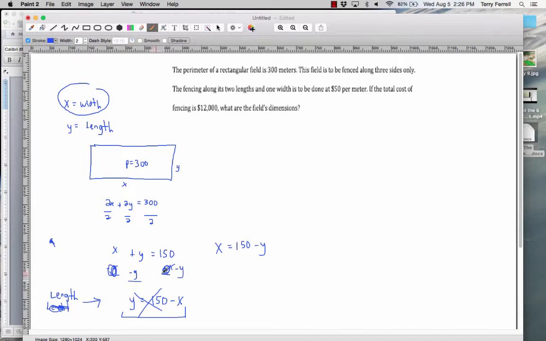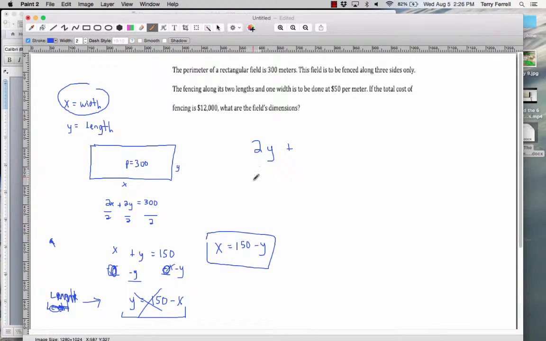All right, so it says the fencing along its 2 lengths. Well, my length is y, and my width is x. So watch this, 2 lengths. 1 length is y, right? So 2 lengths is 2y, plus 1 width. This is my width now, that's width here.